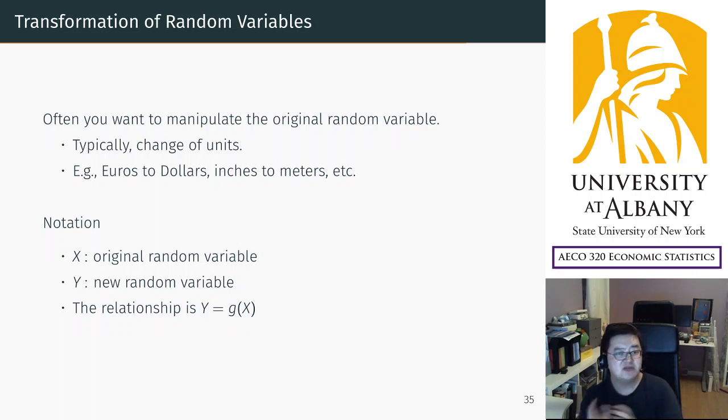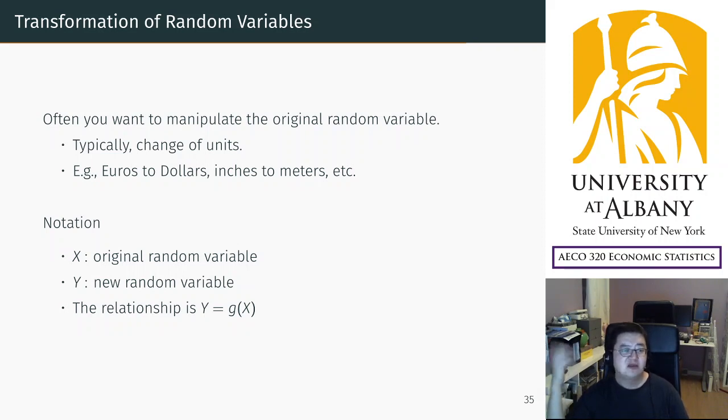So it happens quite often. We would like to manipulate or transform the original random variable, typically in order to change the units. For example, when you change euros to dollars, inches to meters, Fahrenheit to Celsius, and many other examples.